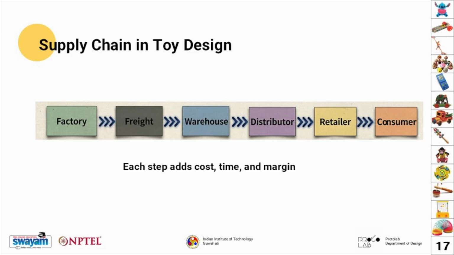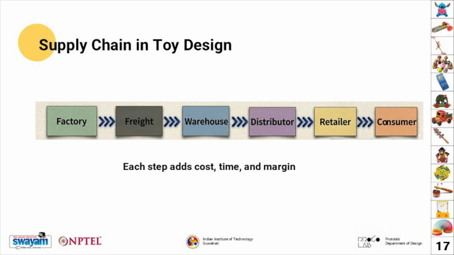From freight, the toy moves into storage. Warehousing costs include space rental, handling, labor, and inventory management systems. Toys are seasonal products in many markets, so storage duration can significantly affect cost.